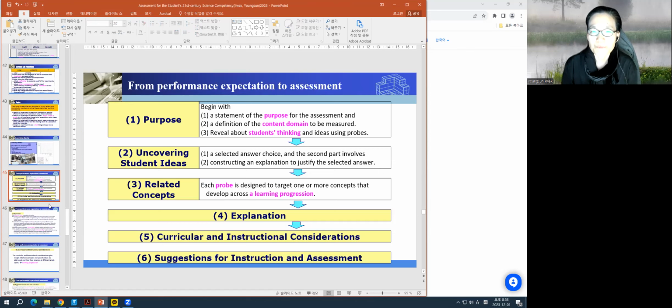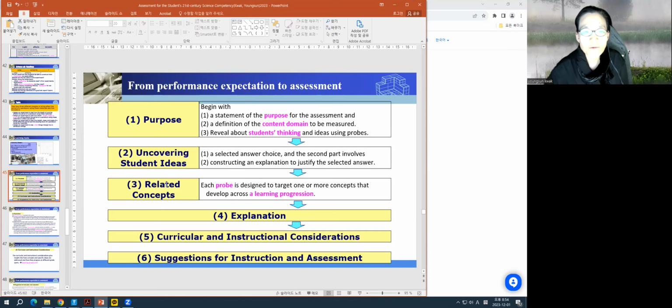And this is the process of competency-based assessment. You need to set up the goals or purpose of your competency assessment. If you want to assess your students' science competency, you need to begin with a statement of the purpose for the assessment. You also need to locate the content domain you want to measure, and then specify what kind of student thinking you want to assess.